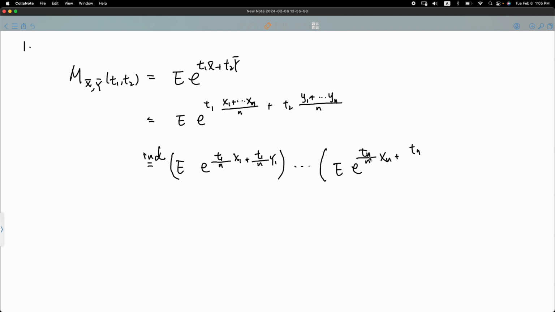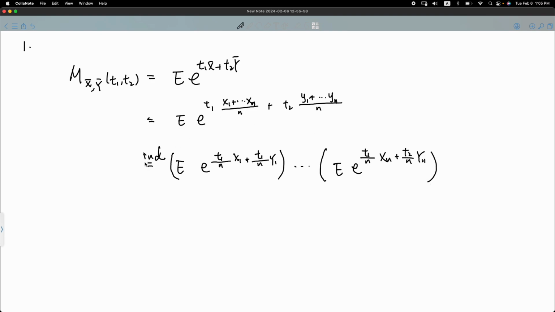Sorry, this is t1. Each of them shares the same two, t1 and t2, but the random variable is indexed from 1 to n. So t2 over n, yn.